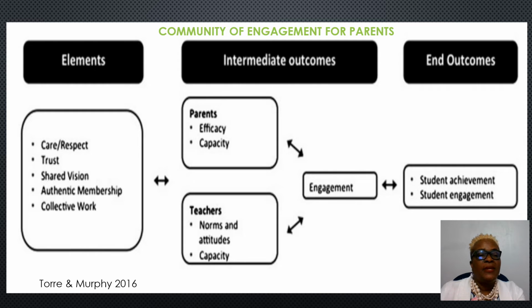And that is why I pointed to building trust, with care, respect, and trust all being elements of the Murphy and Torrey model of community of engagement for families.